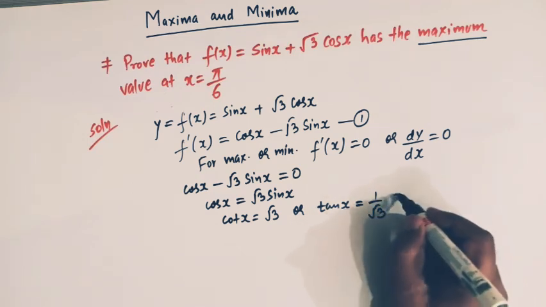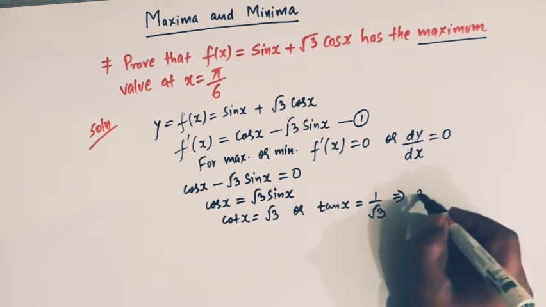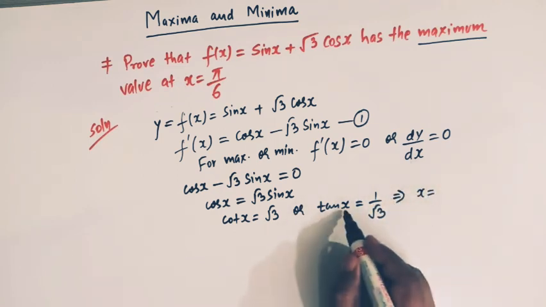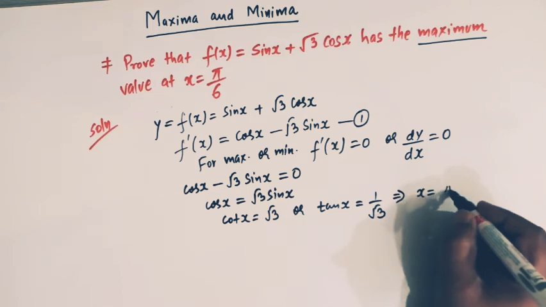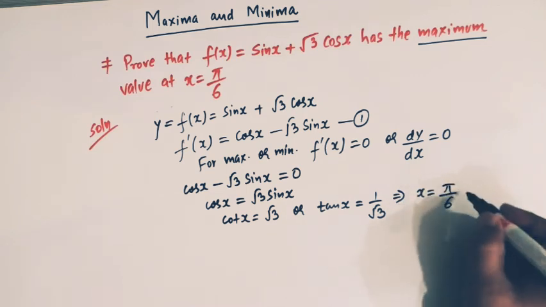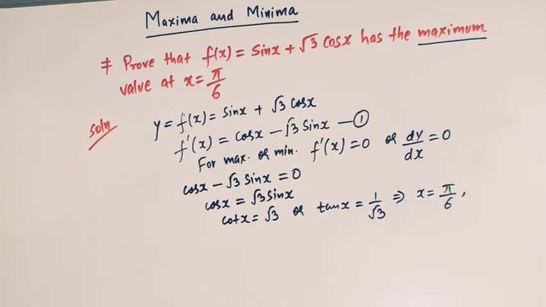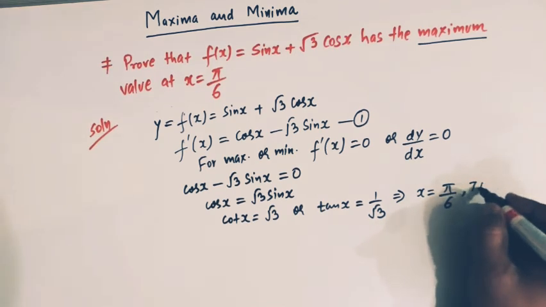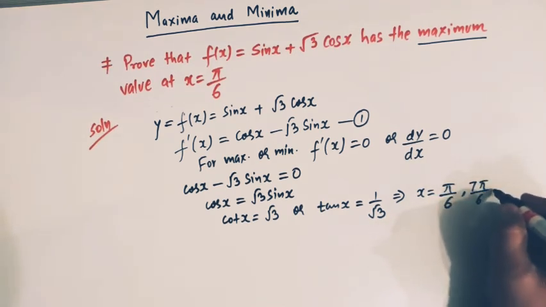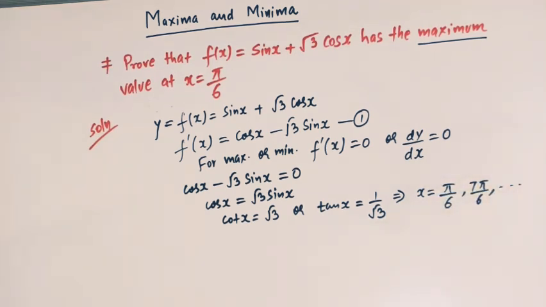Now we have to solve this equation, that is tan x is equal to 1 over root 3, and from here we see that the value of x can be written as pi by 6, and the other values are 7 pi by 6 and so on, right?